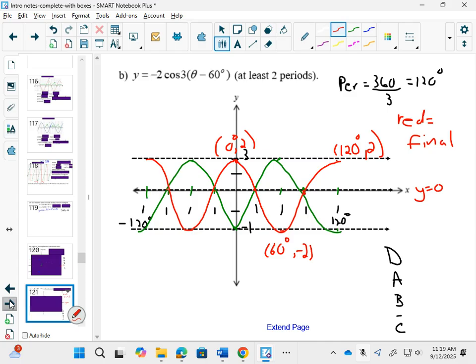So from 0, I would go up to, and I'll label this in blue, up to 2 and down to minus 2. Next, my period is 120. So I would go to 120 and divide it into 4 equal sections. So here's 120. I'll do this in purple. Here's 120 divided into 4 equal sections. So this would be 30, 60, and 90.